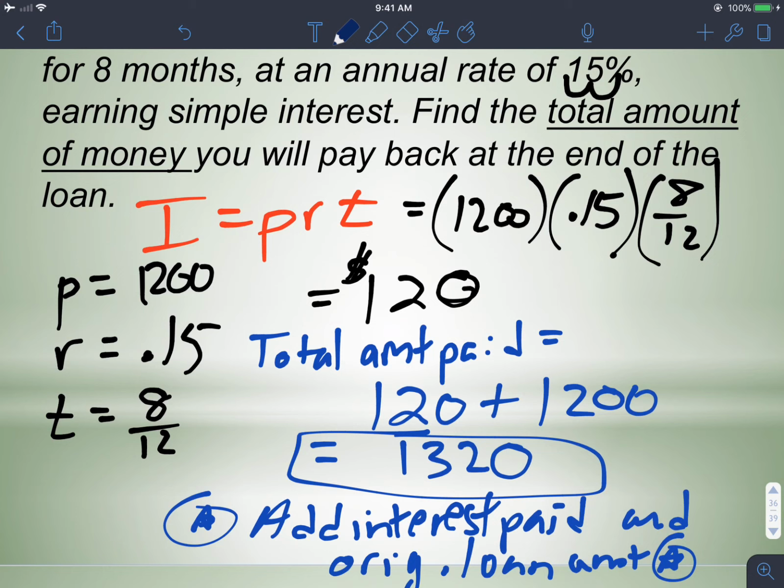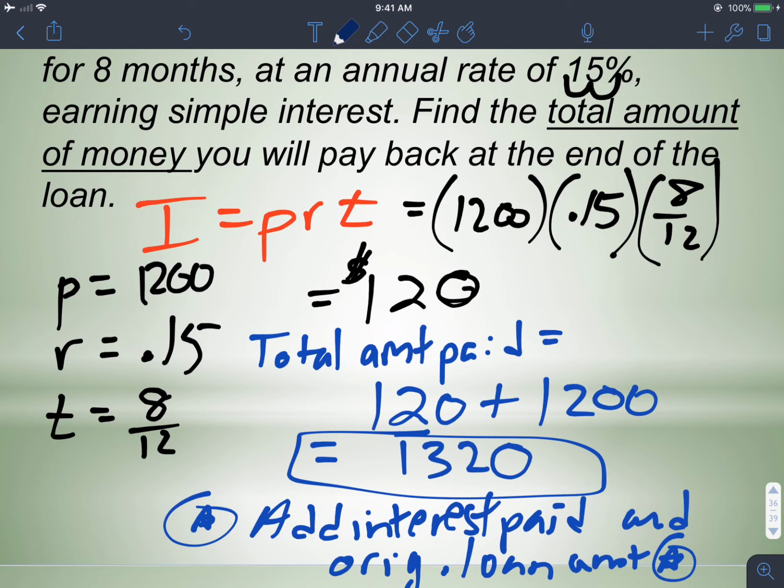No, times 8 divided by 12. Yeah, don't do the reciprocal. That's a different topic. That's dividing by fractions. I see, because it's divided by 12, so it's got to be times 8.